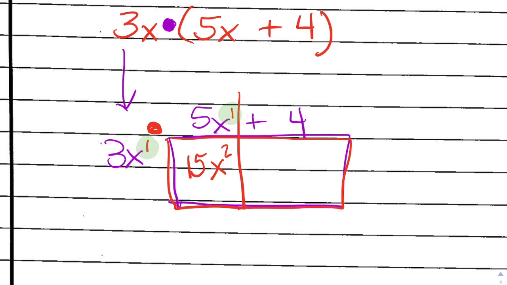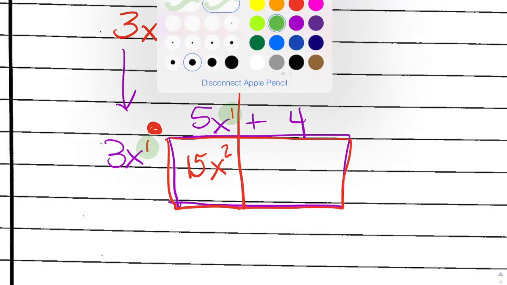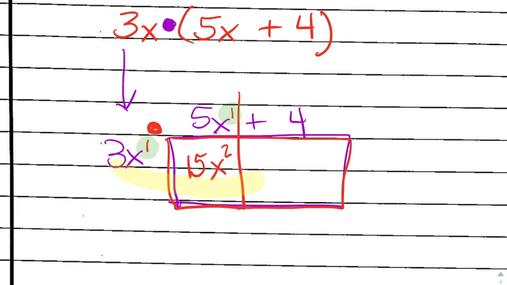Now I multiply the next one. I'm going to go 3 times the 4. 3 times 4 is 12. And then again, how many x's do I have? I only have 1 x between the two numbers, so I have 12x.